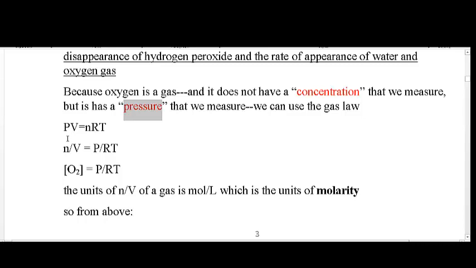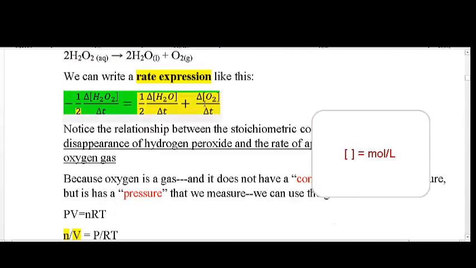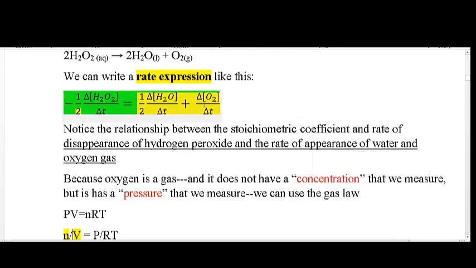You get n over V, moles of gas divided by the volume it occupies, is equal to P divided by RT, the gas constant times temperature. If n is in moles and V is in liters, then you have moles per liter, which is just concentration. So the concentration of the gas is going to be P over RT. You can plug that back into your rate expression and get a rate expression for this reaction.